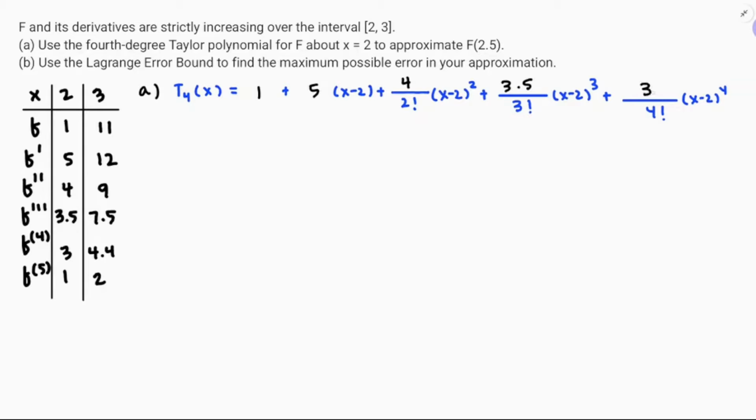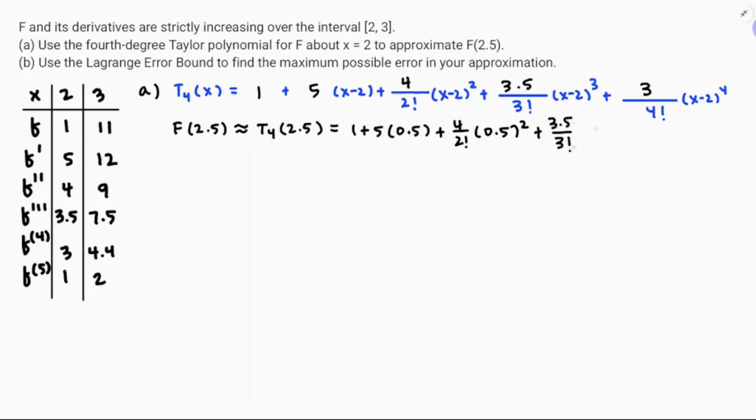And then if we're trying to approximate f of 2.5, maybe I'll start a new line for that. f of 2.5 is going to be approximately equal to whatever I would get when I plugged 2.5 into the fourth degree Taylor polynomial, which would be 1 plus 5 times 2.5 minus 2, which is 0.5, plus 4 over 2 factorial, that would be not something I need to simplify, but something I probably could if I needed to, squared, plus 3.5 over 3 factorial times x minus 2, oh wait, x minus 2, we know that's 0.5, cubed, and 3 over 4 factorial times 0.5 to the 4.